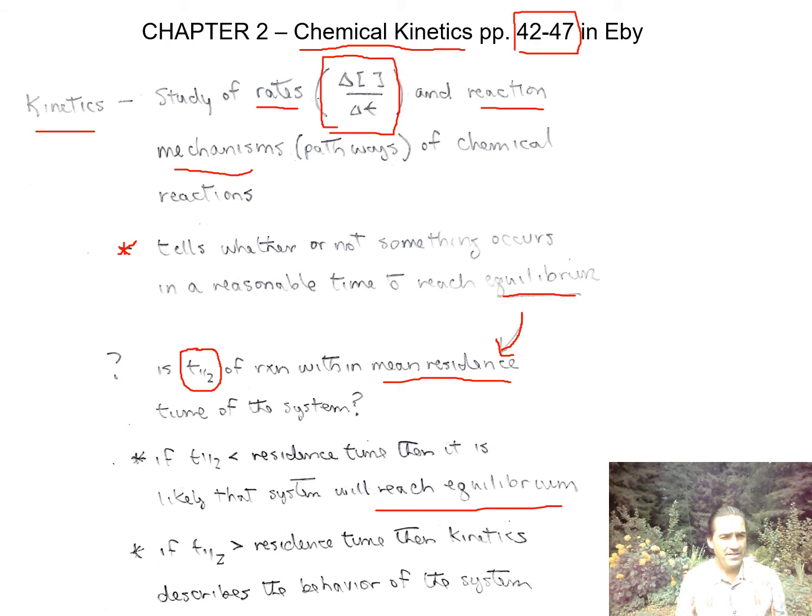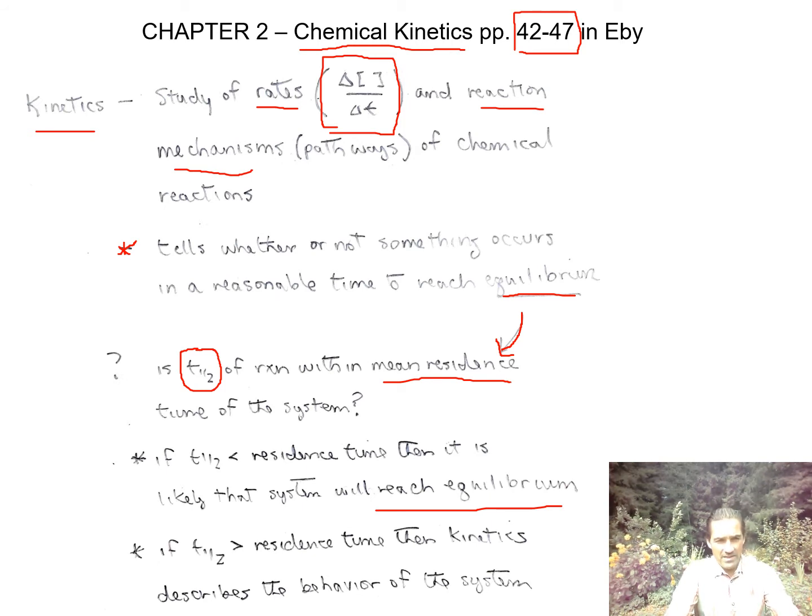So again, this is showing us that it's important to know the kinetics. It's important to take time in understanding the quickness of these reactions relative to the residence time.